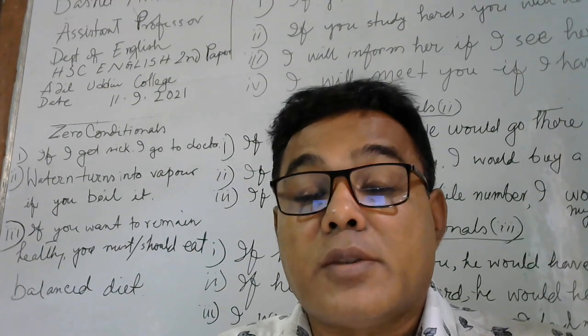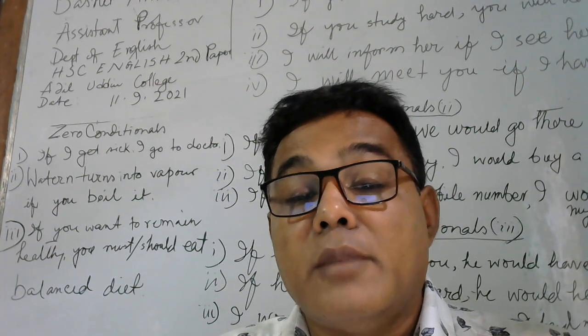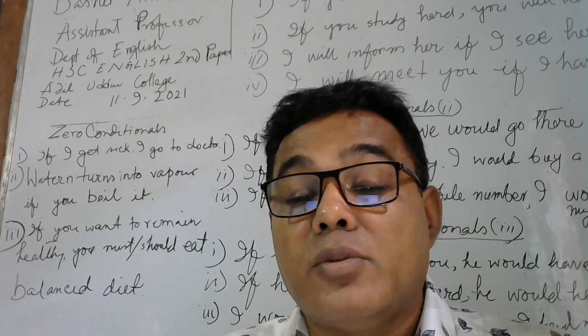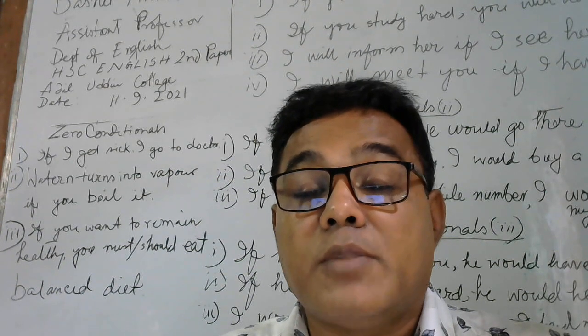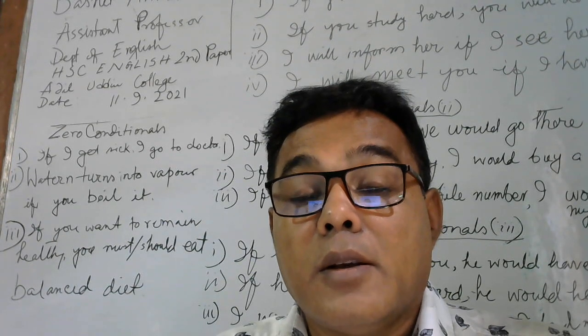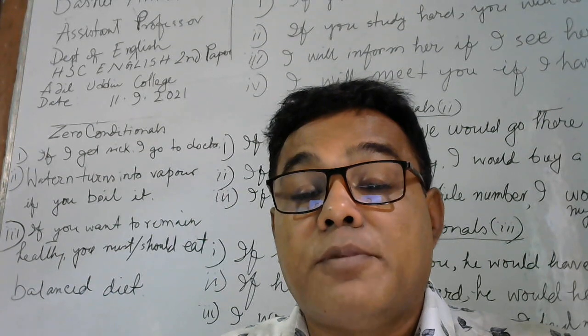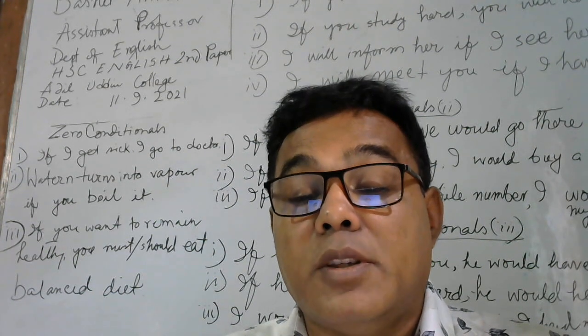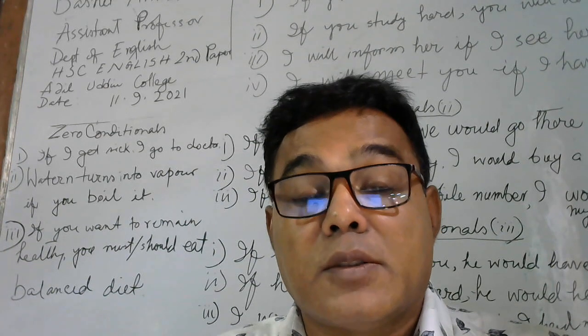Due to time constraints, due to time limitation, we can't go into the depth of any subject, any topic, you know. So I have to give a synopsis, an overview of the topic conditionals.